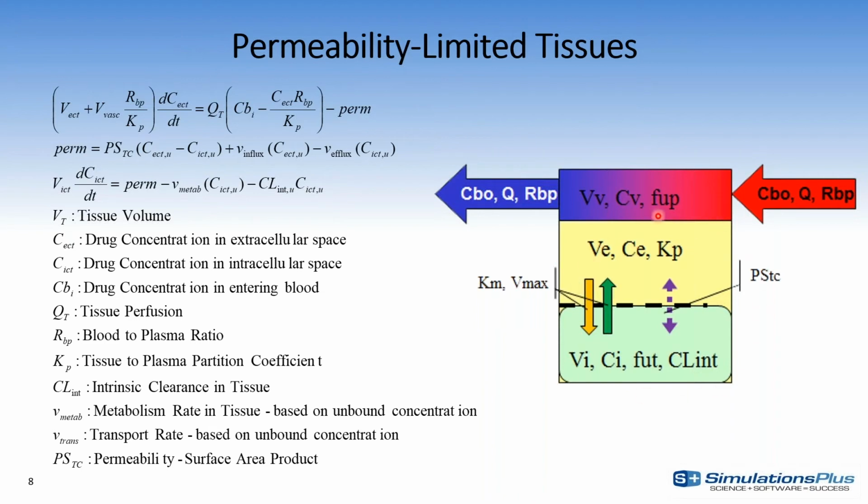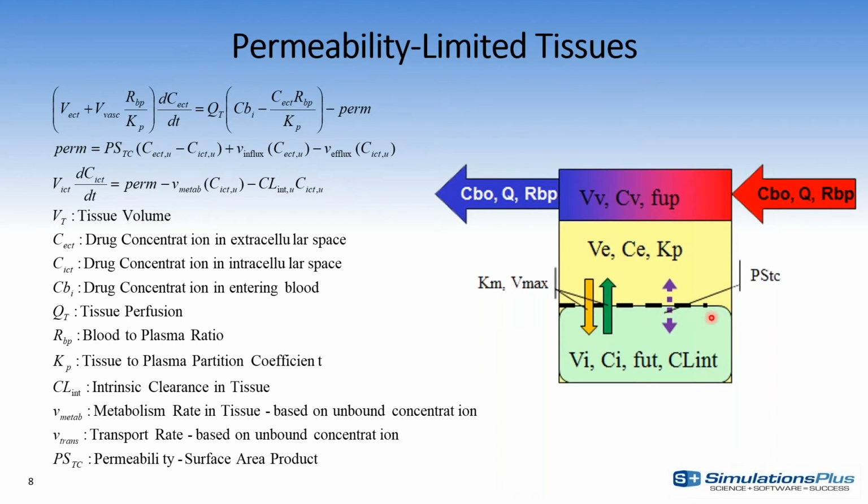So we will need to consider the three spaces in this tissue: the vascular space, the extracellular space, and the intracellular space. The rate-limiting step will be the diffusion from the extracellular space into the intracellular space. So Kp here describes the partition between the plasma and the extracellular space.